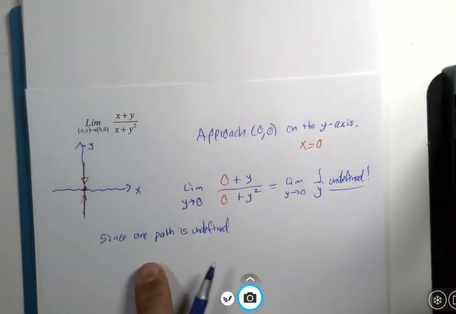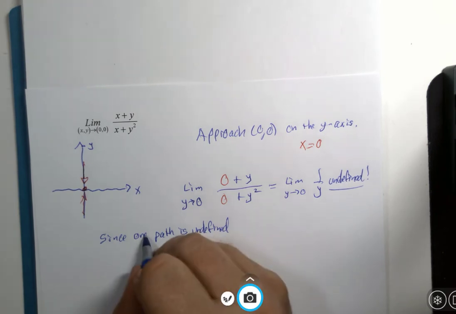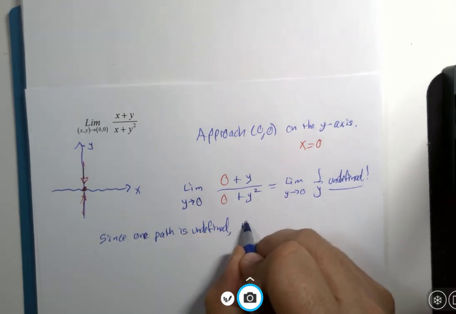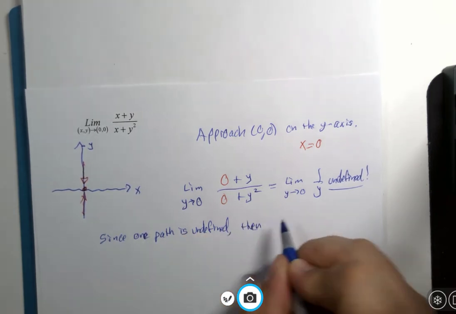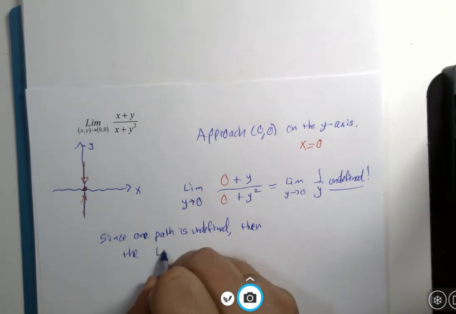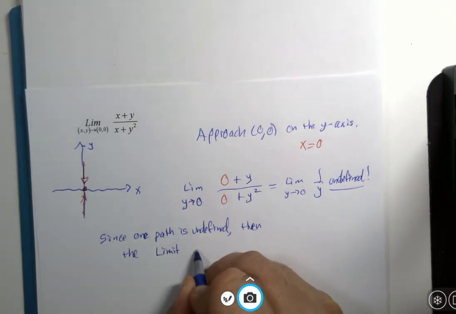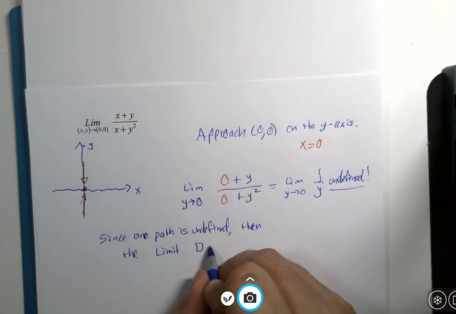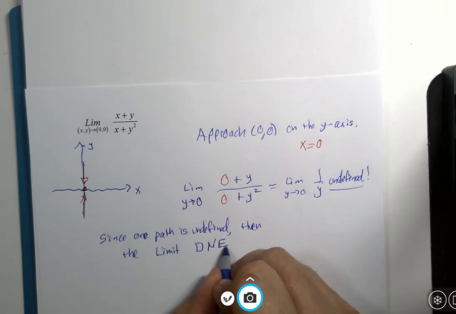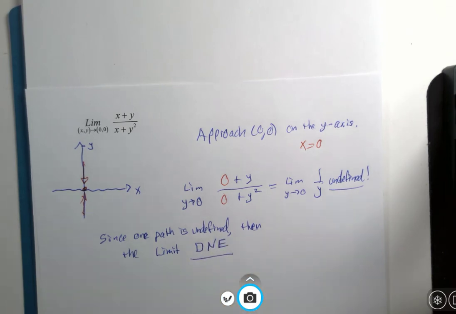There may be more than one path that is undefined. One path is sufficient, then the limit does not exist. That is sufficient by itself to demonstrate the limit does not exist.